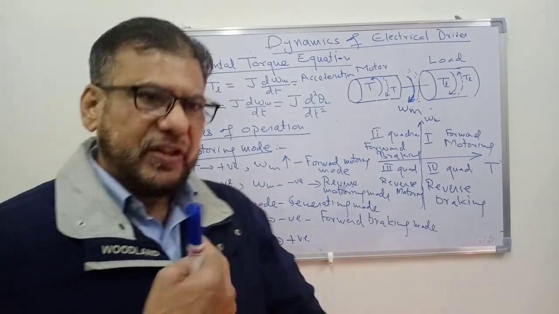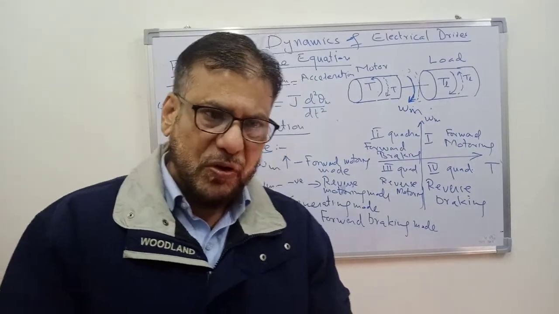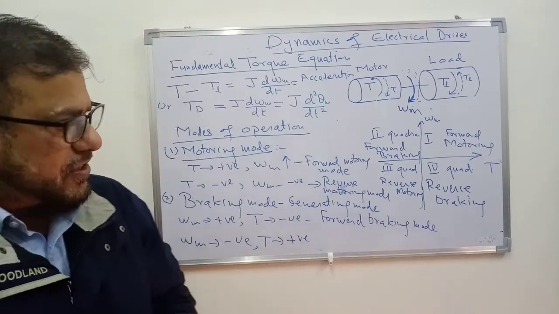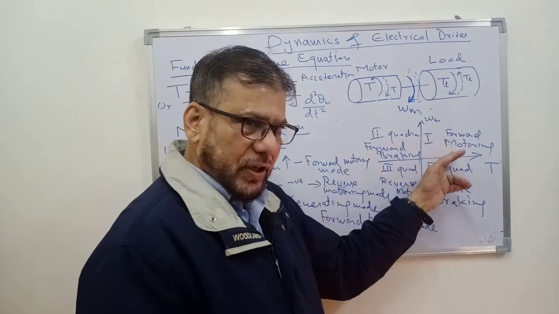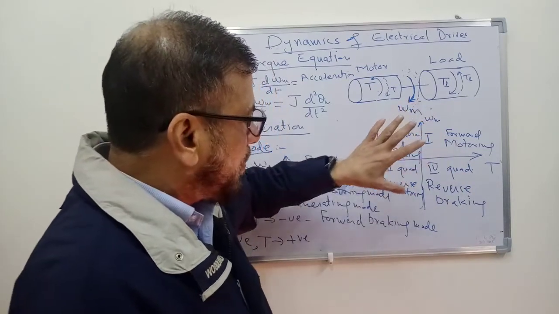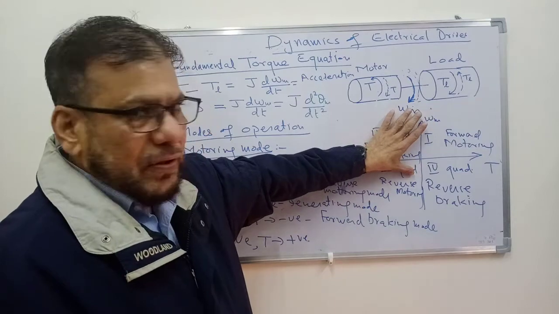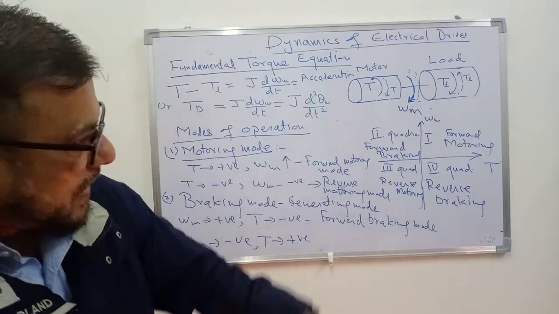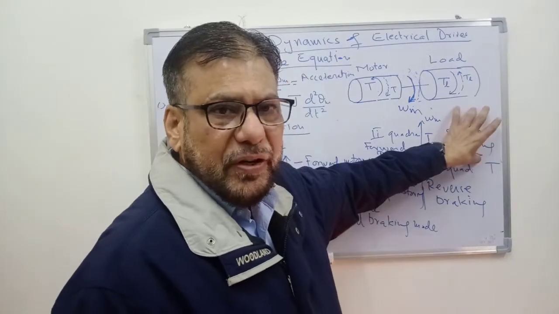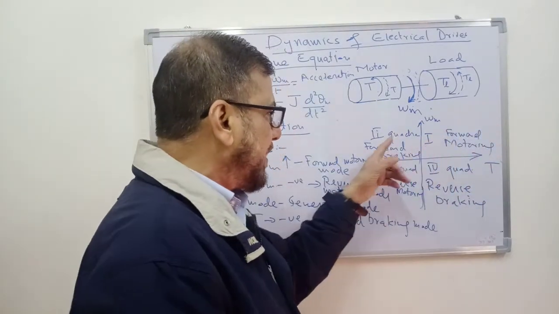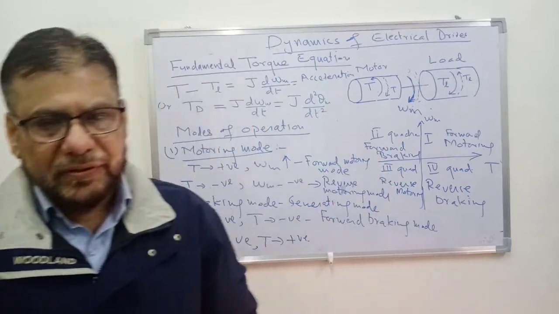You don't want reverse direction. You don't want to have a reverse gear in your bike. Only forward direction. So you will have forward motoring or forward braking. In case you don't want to use electrical braking, and you want to stop the bike by mechanical braking, in that case it will be a single quadrant drive. So you may have first single quadrant drive and you may have a 2 quadrant drive.